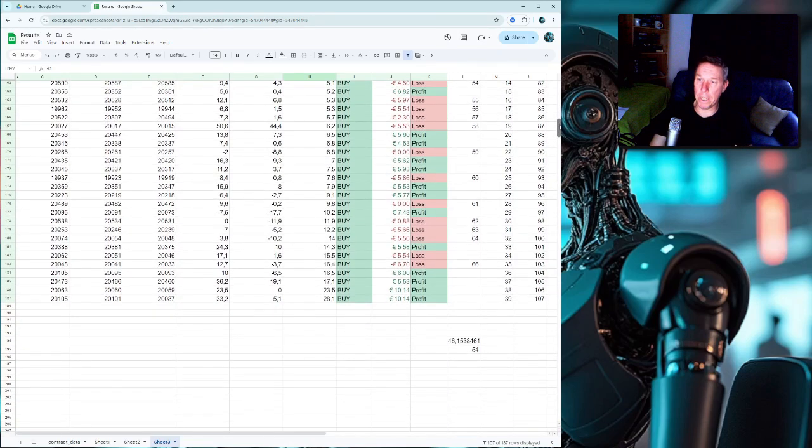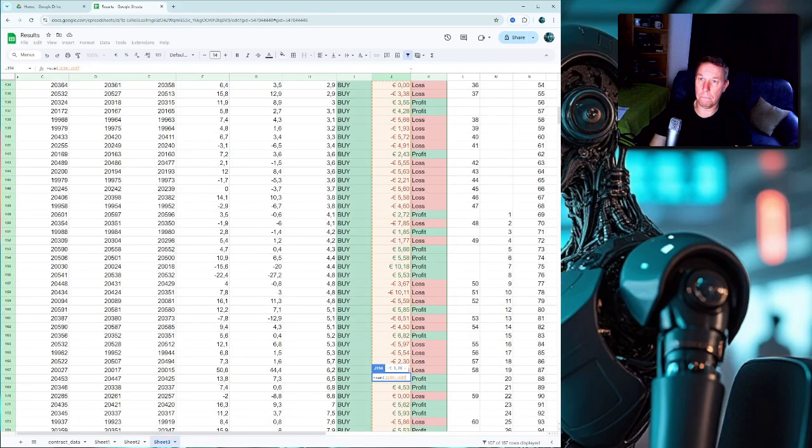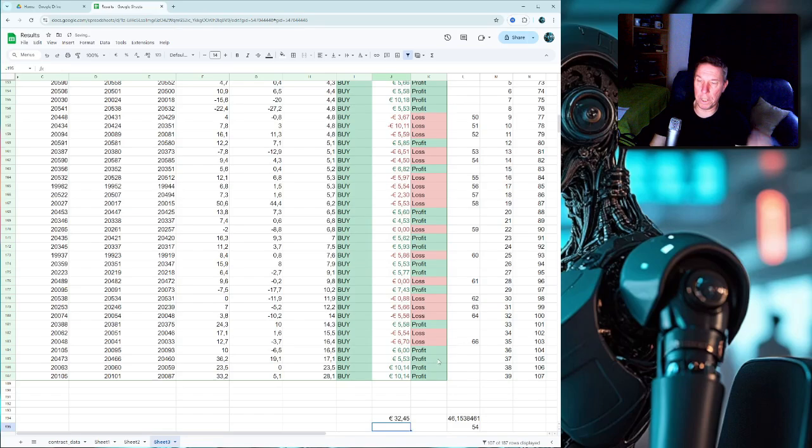So let's calculate this. Let's see, we get the sum of those 40 trades, at least until this one, yes. And that resulted in a 32 euro profit.